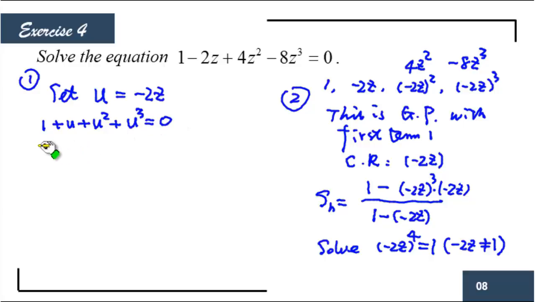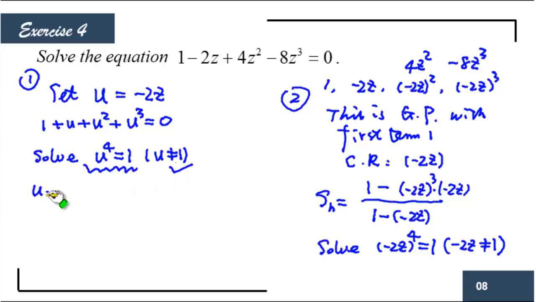And according to exercise 3, we can describe that u to the fourth power equals 1 and u is not equal to 1. And we already know exactly the 4 roots through exercise 2, and we do not need the 1.